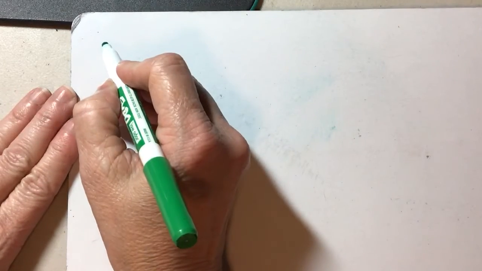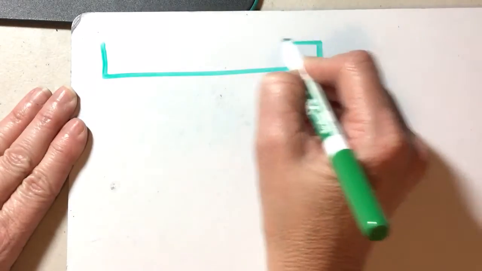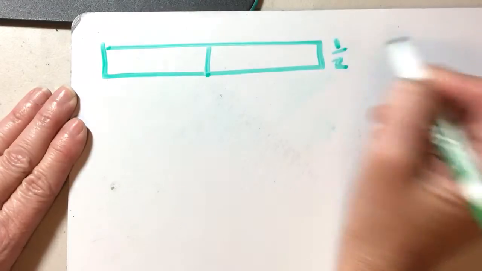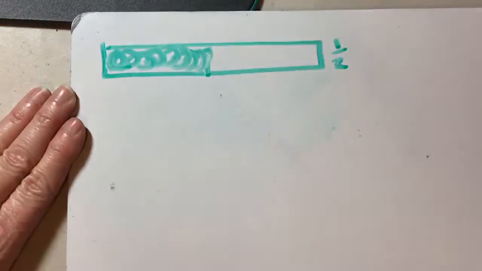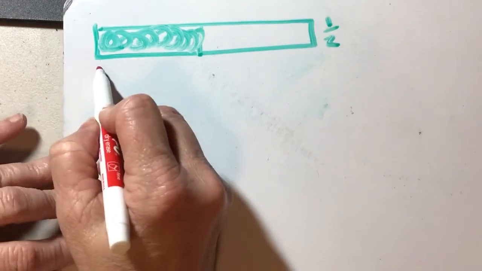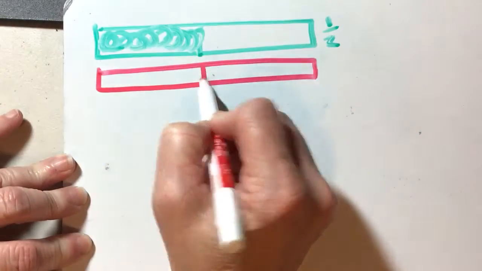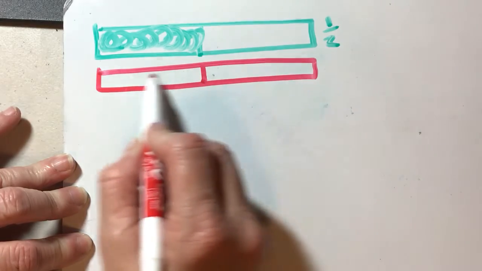Now the thing is I want to get all these together. So this is going to be my 1/2. Go as far up as I can. Now I'm going to get 2/6, which means I'm going to make this into 6.